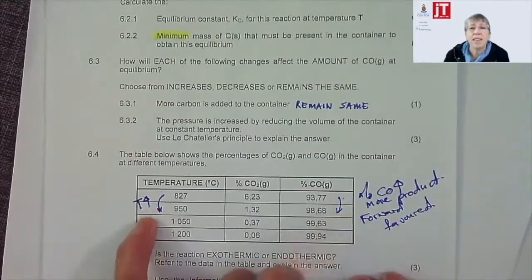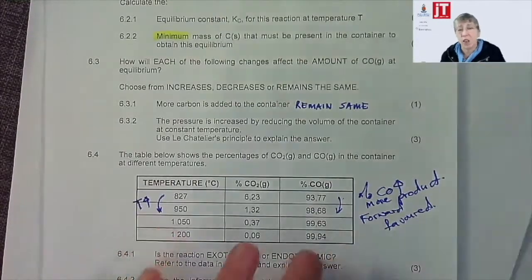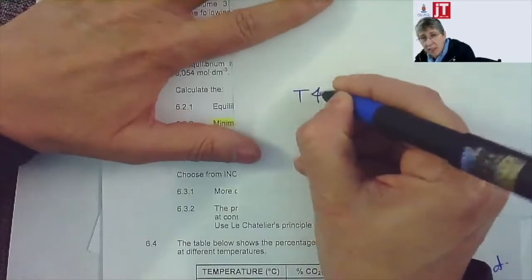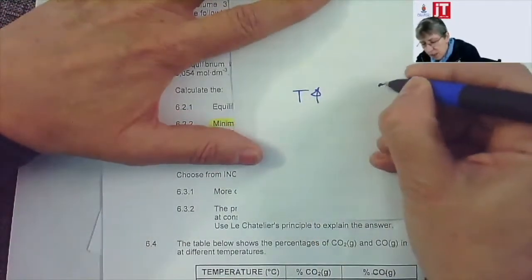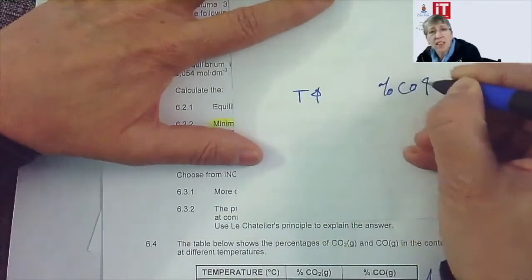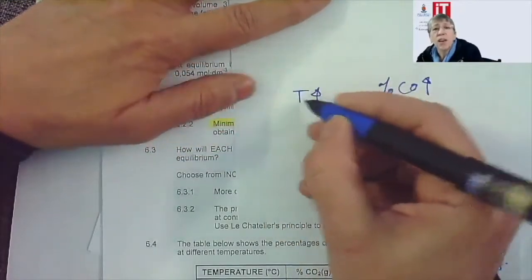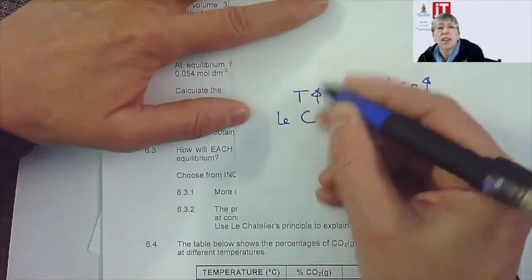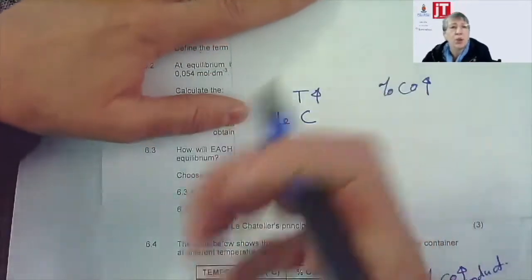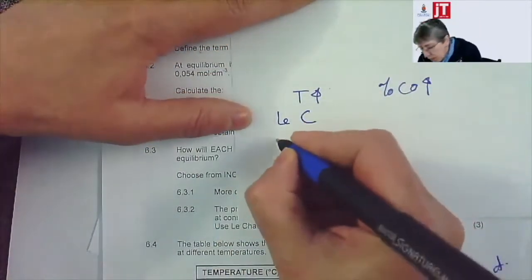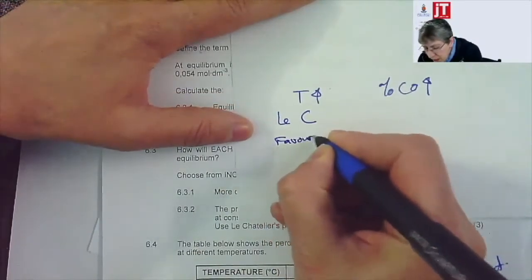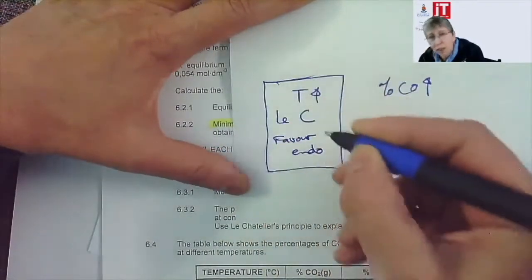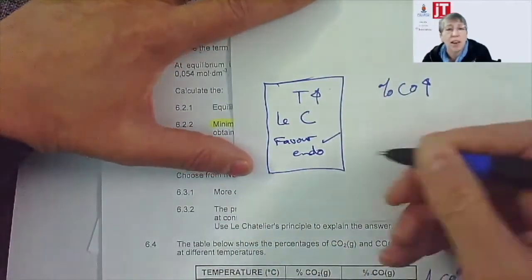And that immediately tells me things that I can use, right? So I'm going to say when the temperature increases, the percentage carbon monoxide increases. Now, what do I know about an increase in temperature? Well, according to Le Chatelier, the system will react to decrease the temperature by using the energy. So that means it will favor the endothermic, right? An increase in temperature will always favor the endothermic reaction, right?